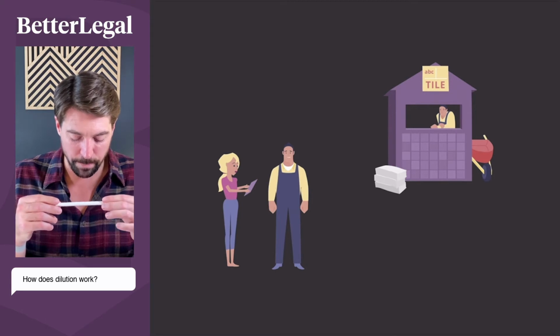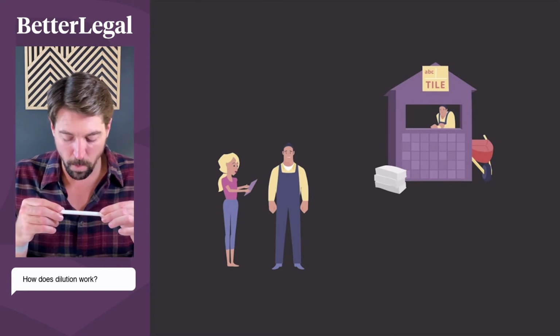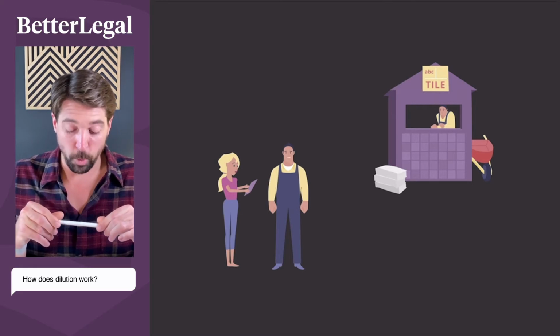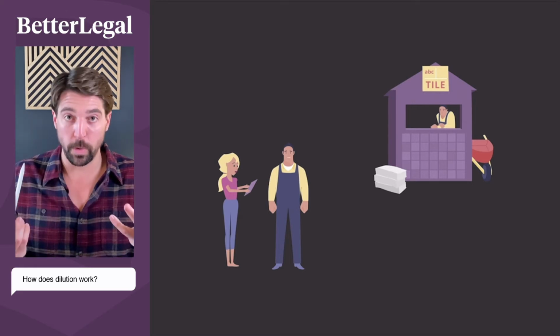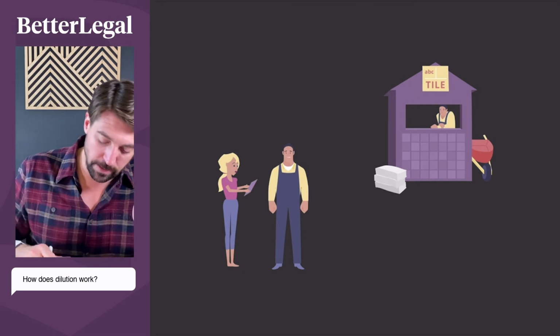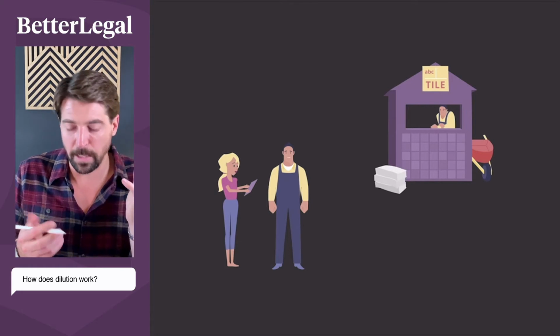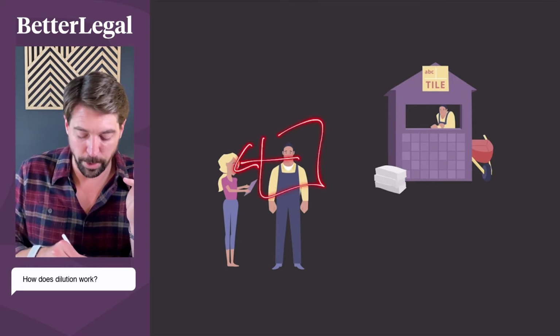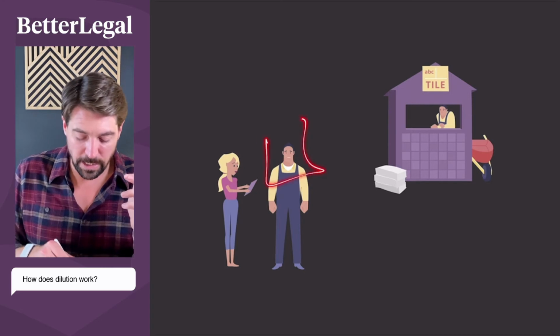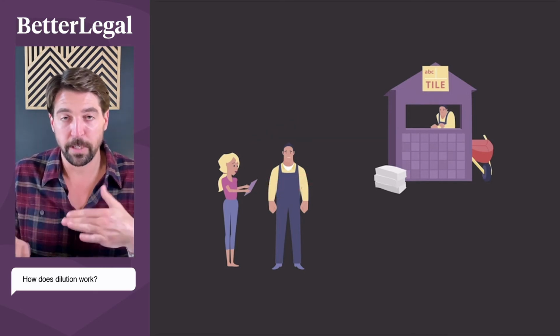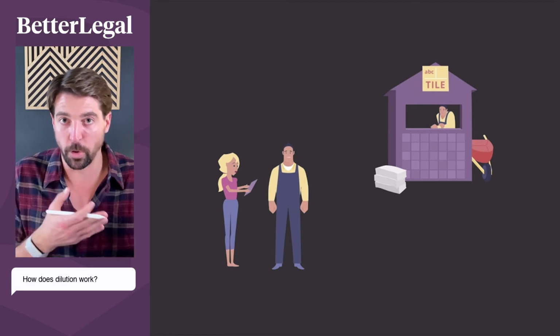Where dilution comes in is more along the lines of if we start creating new units. In a business of two, that's a lot easier. One person bringing on another person is the only one that needs to be consulted to create or to change ownership.